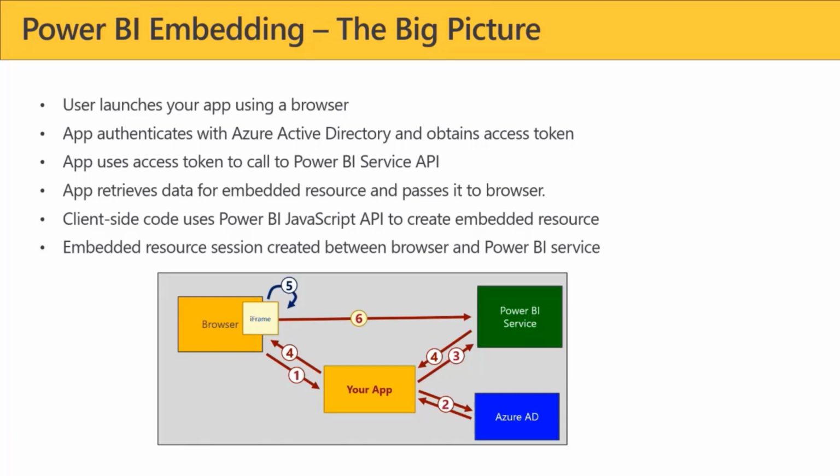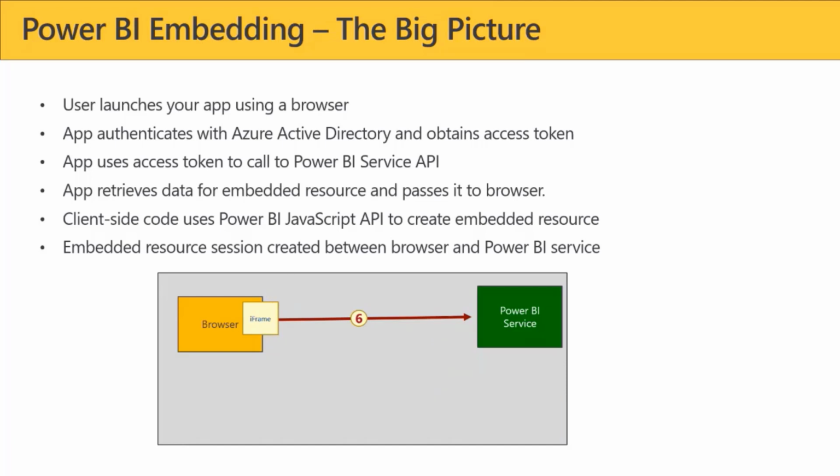What's really nice about all these pieces is that after we do the connection, your custom application has a report with a direct connection back to the Power BI service. So as someone's navigating between pages or clicking on slicers to redo queries, all that's just direct interaction with the Power BI service in the back end.